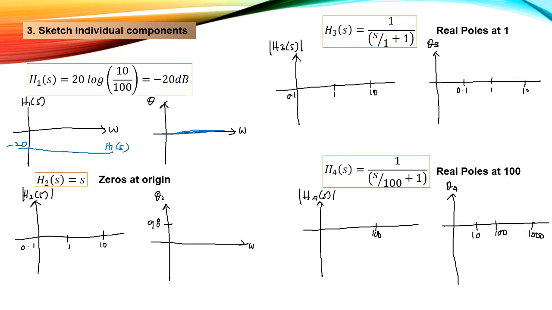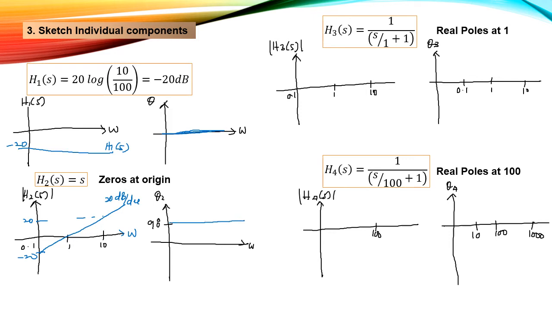When it is zeros at origin, you have the positive slope of 20 dB per decade crossing at 1. So we can assume something like this. Here is negative 20, here is 20 dB per decade. And when you have zeros at origin, the phase will be a constant 90 degrees.